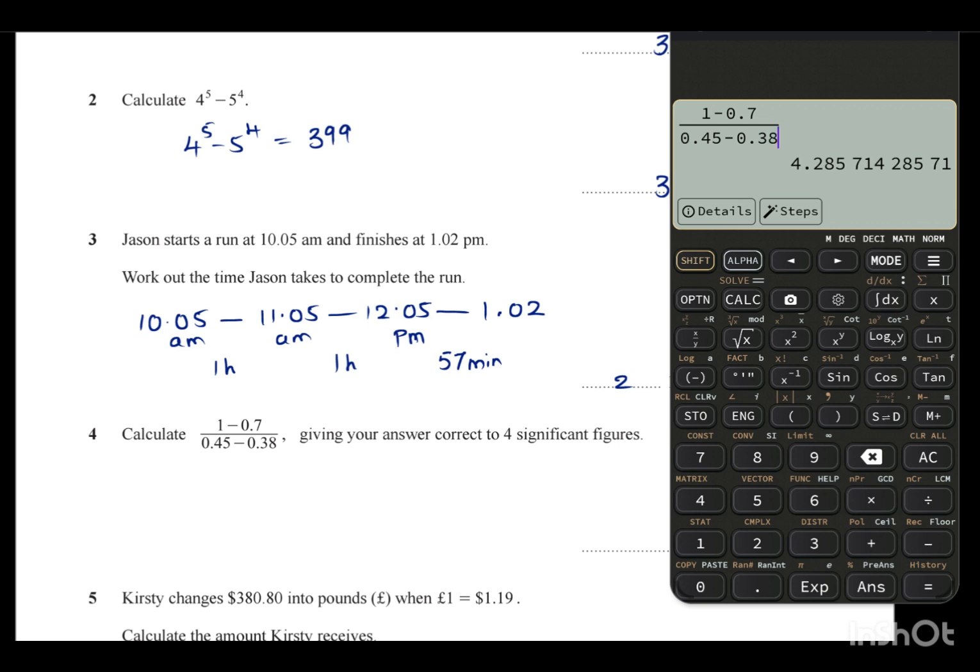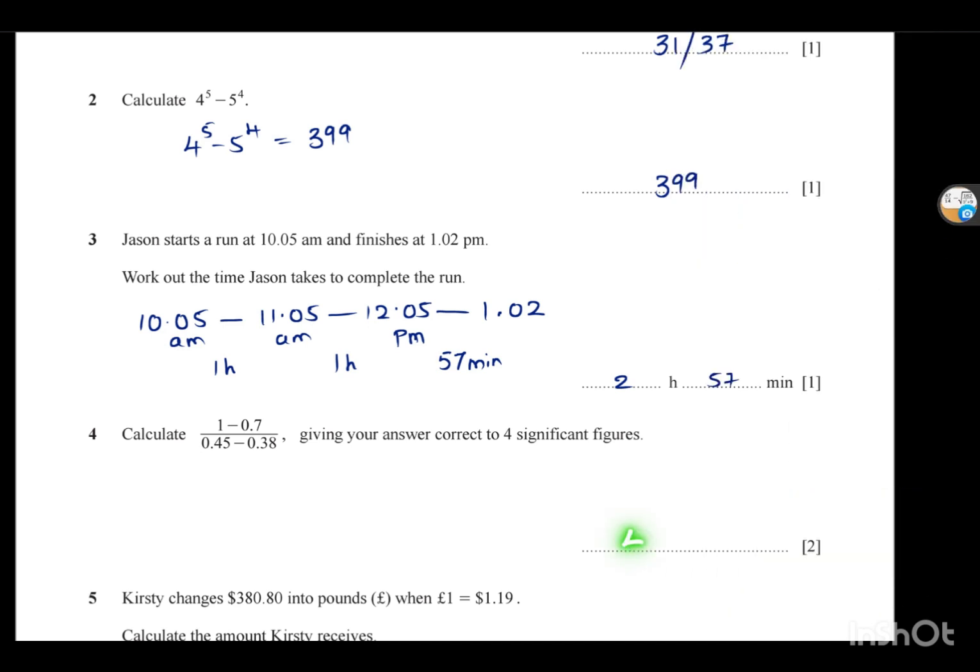Because they are asking us to write the answer in 4 significant figures, 4.285714, so 4 significant figures are 1, 2, 3, 4. This should be rounded because 7 is greater than 5, so it will be 4.286 is the answer.